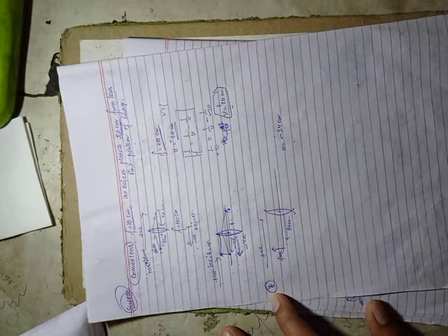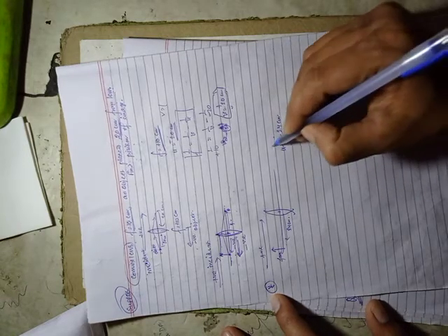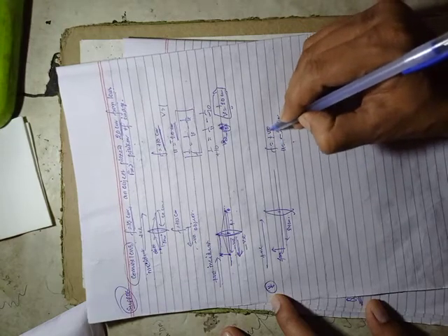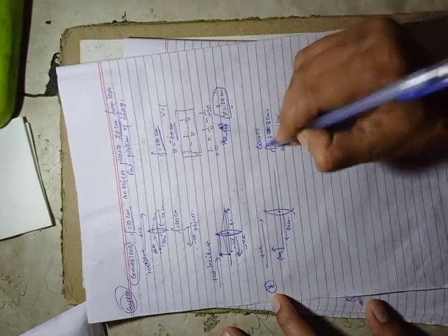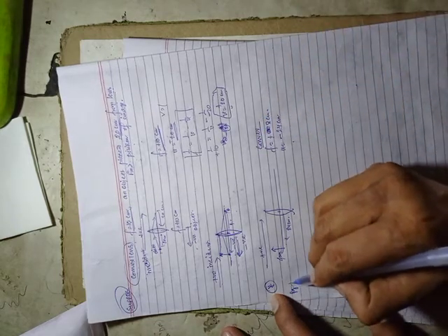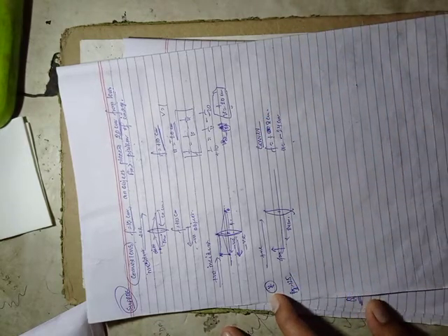Now the object height is 4 centimeter, and the focal length f, which is always positive for a convex lens, is plus 8 centimeter. Check page number 125 of the Selina Publication book.